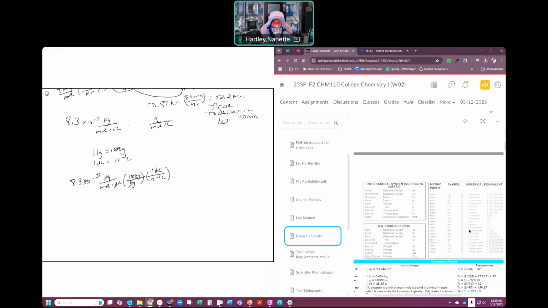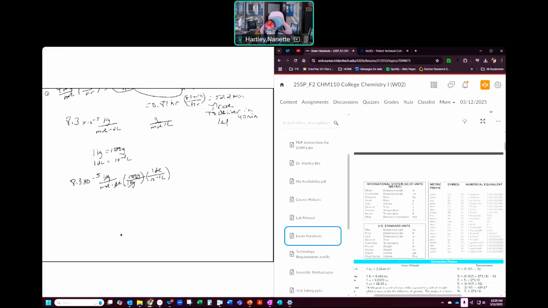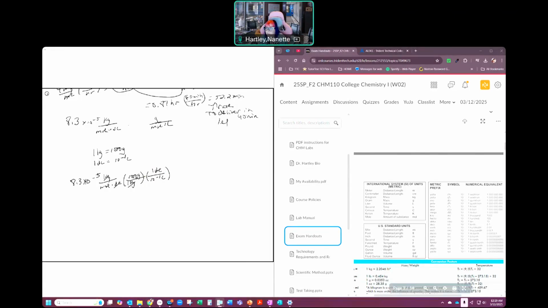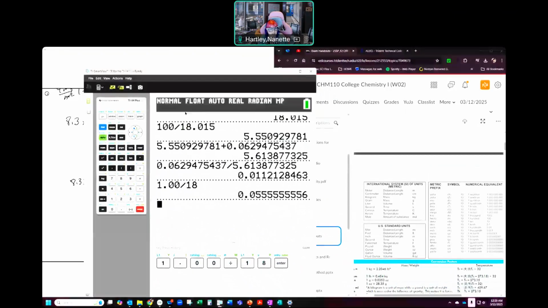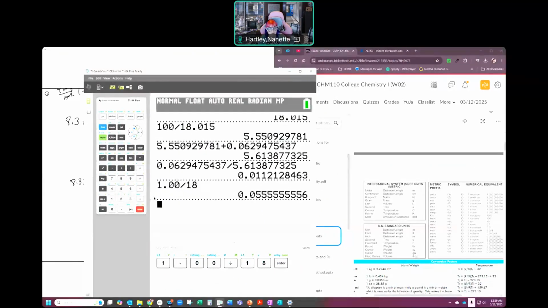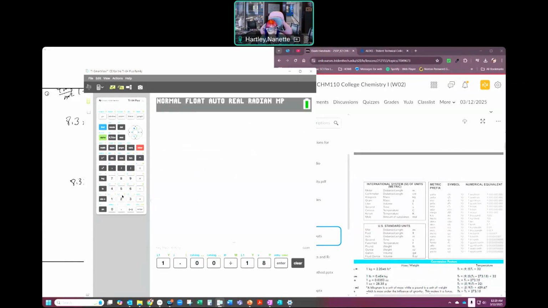And let me show you, because I have a calculator here on my screen that I can pull up. And this is a TI-84 plus CE. It's the same calculator that I manually use. So when I put this in on my calculator, it's 8.3 second EE negative 5.